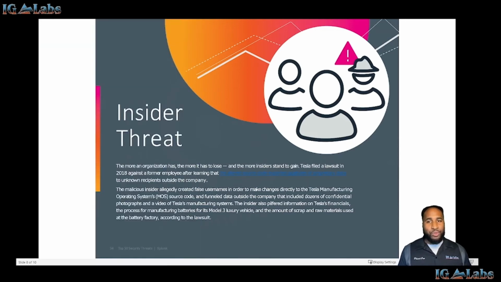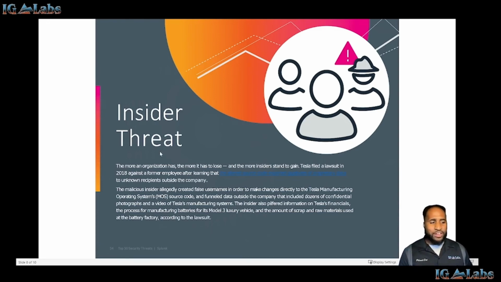As employees in general, it's our responsibility to be cognizant of these potential insider threats. If you hear things that sound awkward and may trigger something, keep an eye out and make sure you report that through your appropriate channels. The reason I wanted to mention insider threat is because there's still that human aspect to these threats.